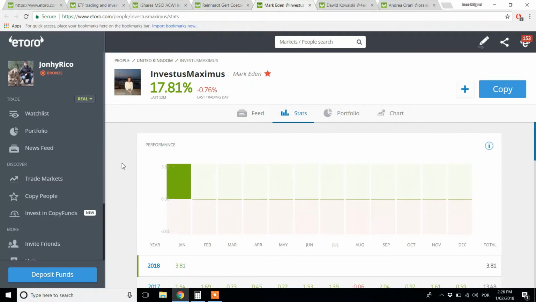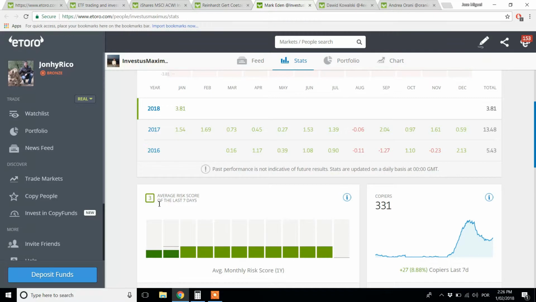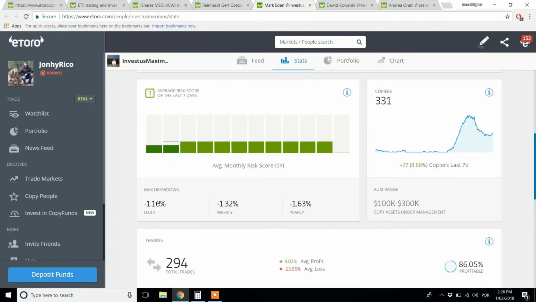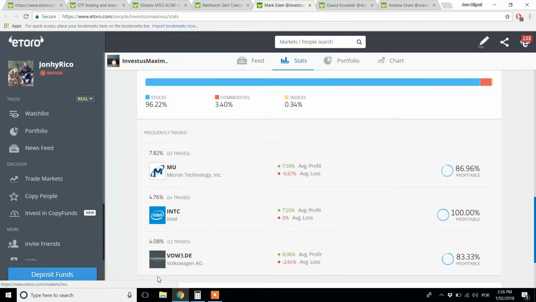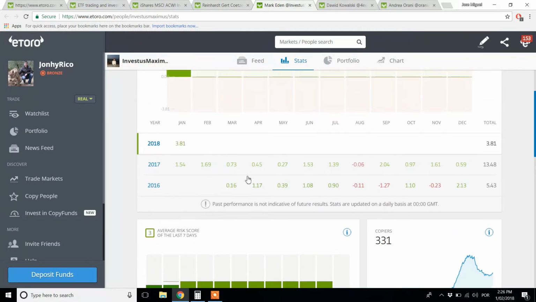Another trader for stocks would be this trader here. The risk score is a little bit lower. He trades slightly different companies, you can see here. Again, he trades mainly stocks, and I like these numbers a lot because you can see that in each individual month there's not going to be a roller coaster of profits or losses, which is good.